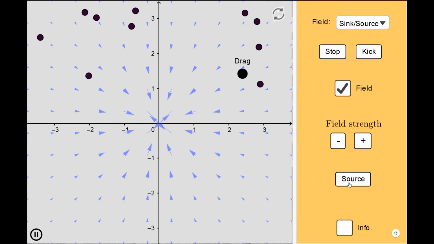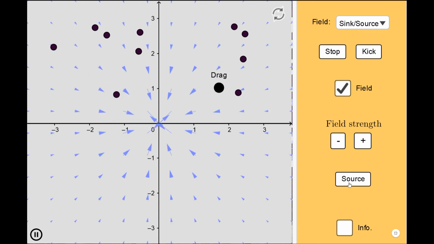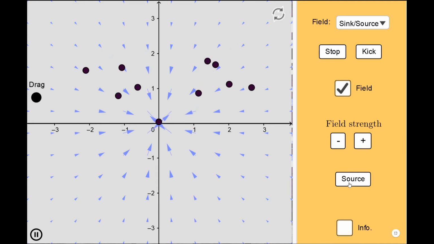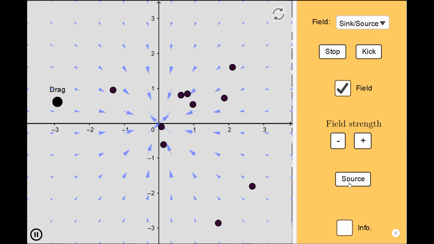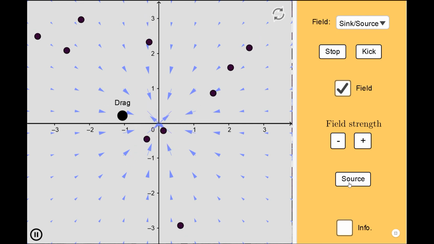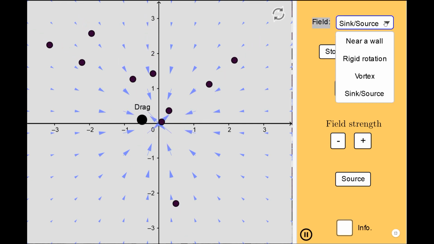If you reverse the direction, then things are coming into the origin, so your flow curves are rays coming into the origin. Okay, in this case, the origin is called a sink. I think we looked at all of those.